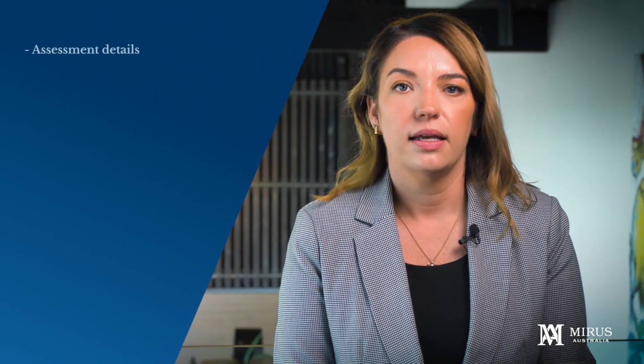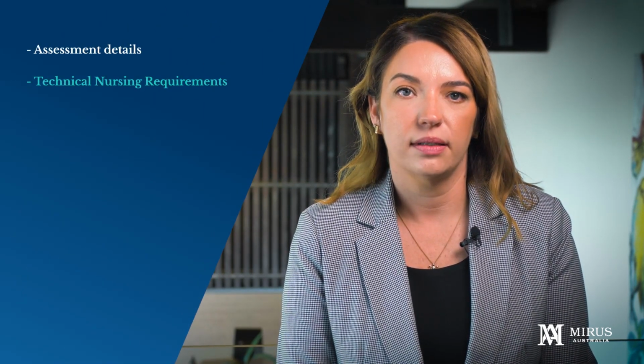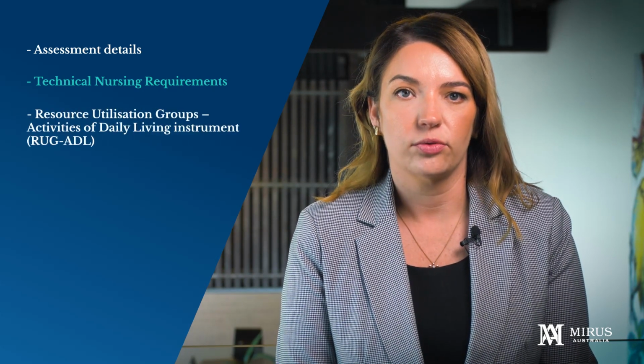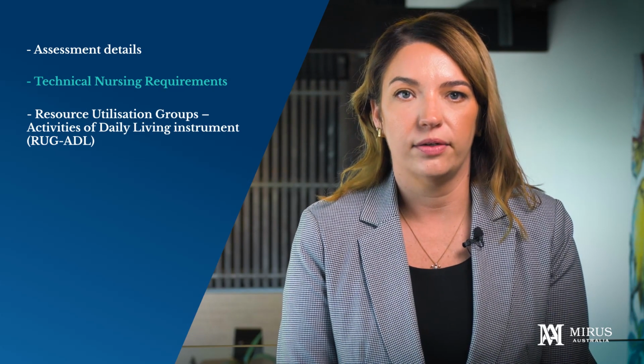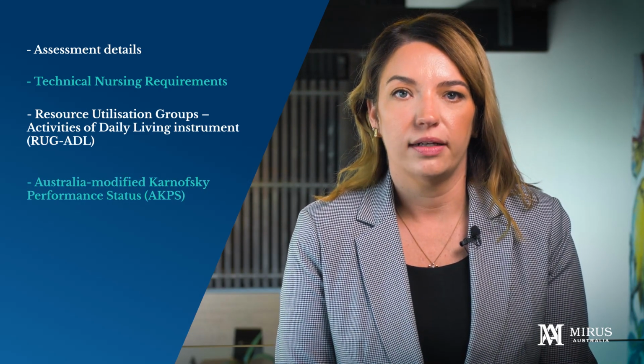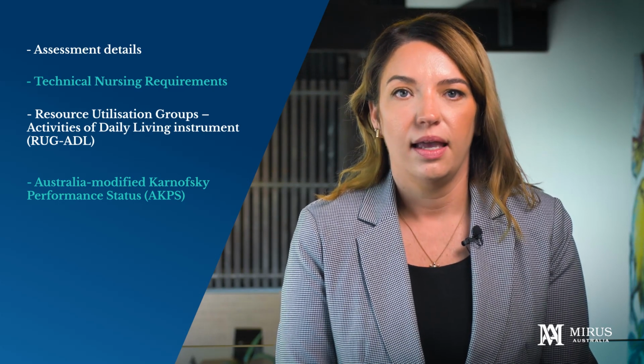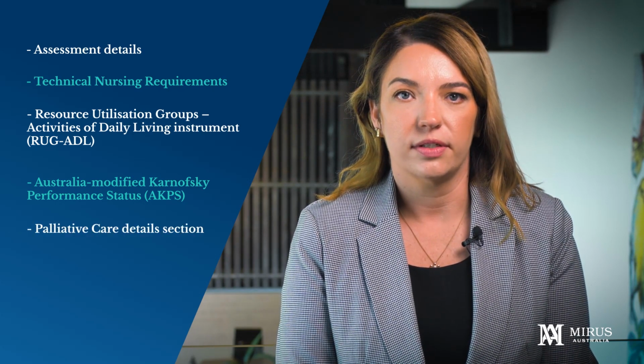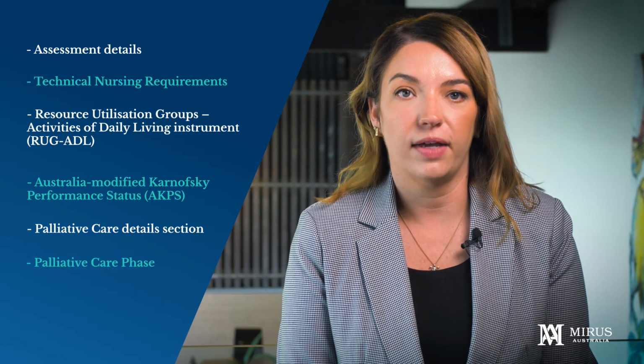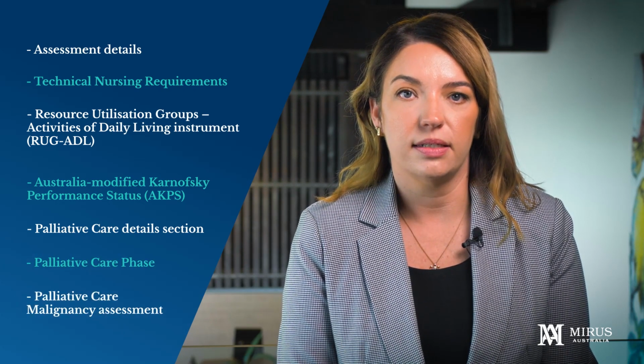The AN-ACC assessment tool consists of 13 assessment sections that include the assessment details of each consumer, technical nursing requirements, the resource utilisation groups activities of daily living instrument, also known as the RUG-ADL, the Australian Modified Karnofsky Performance Status, also known as the AKPS, and the palliative care details section, along with the palliative care phase and palliative care malignancy assessment.